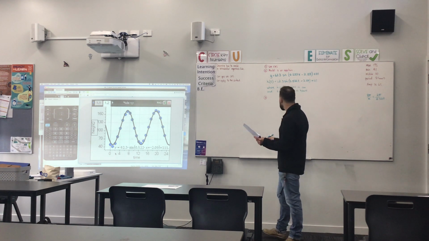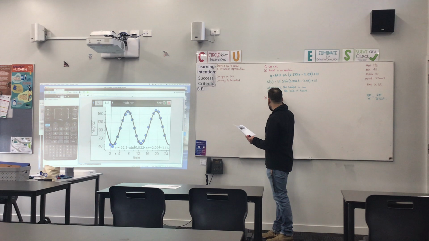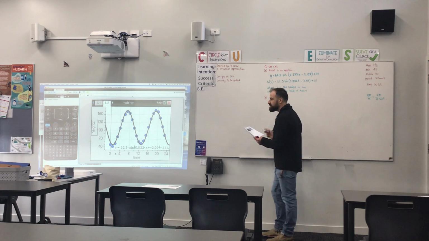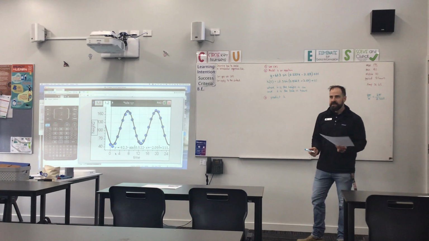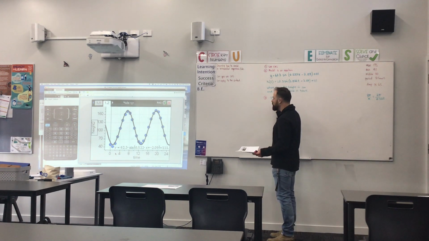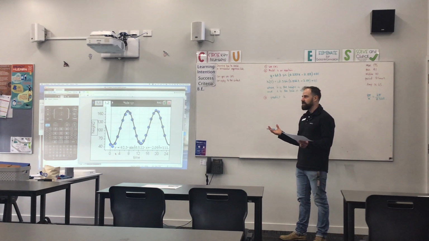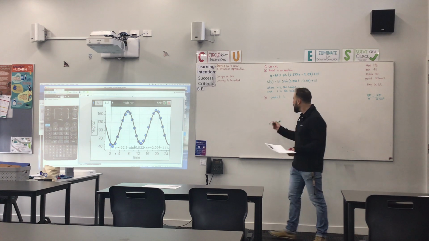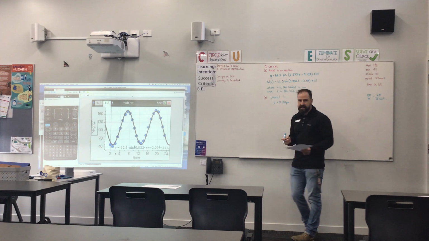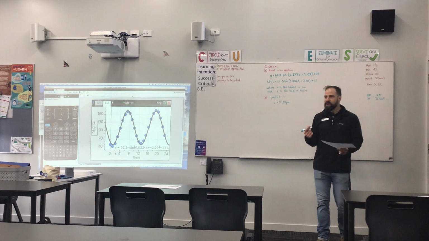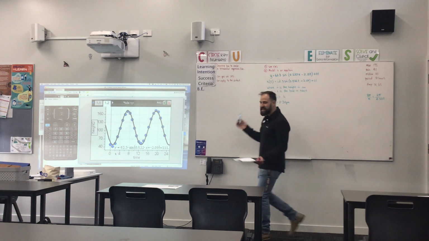We've got to predict. What are we predicting? The height, which is h. When are we doing that? At 2:30. What's 2:30? It's a time. So time equals 2:30 p.m. Think about our question. Did we have 2:30 in any of our data?